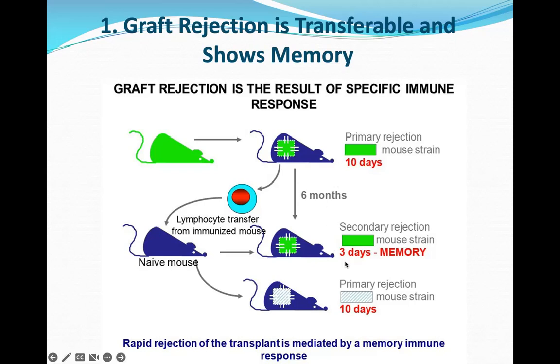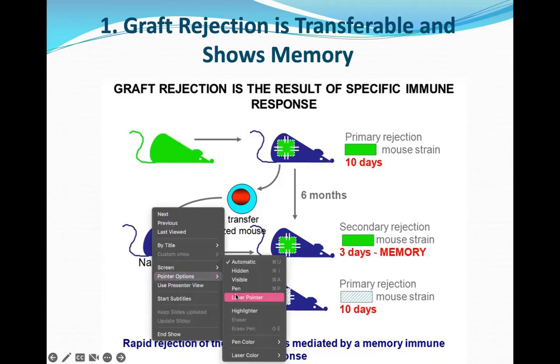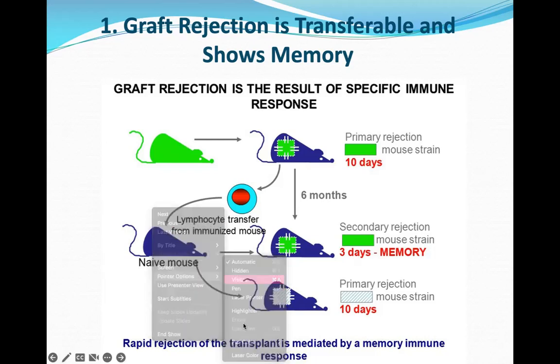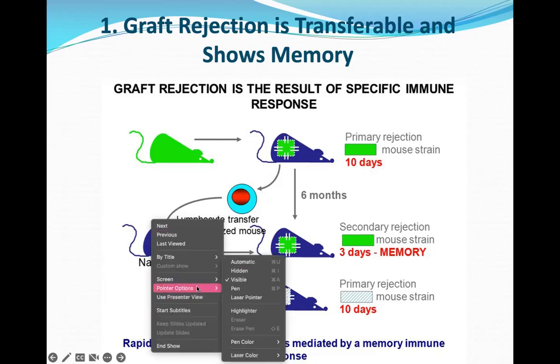So it means that this immune system that activates these green mouse reactive lymphocytes is transferred into a new naive blue mouse, such that when it receives the green skin, these reactivated lymphocytes will immediately start to attack that engrafted green skin. So this shows that this displays memory.